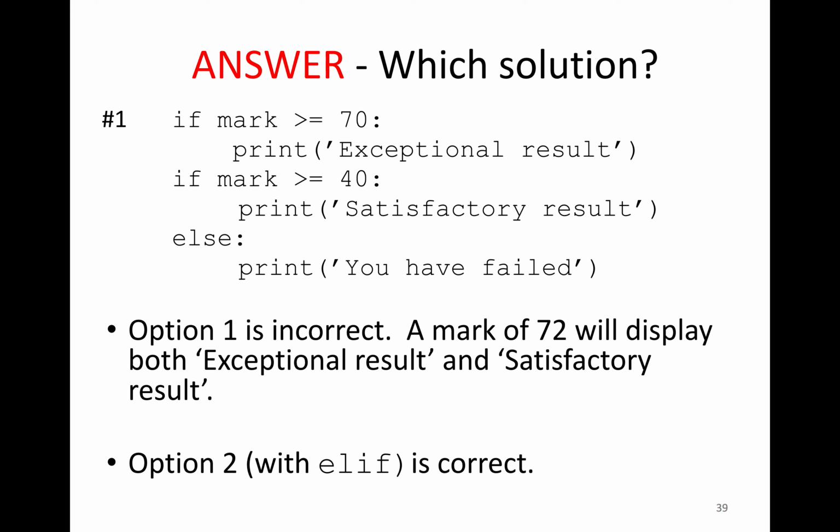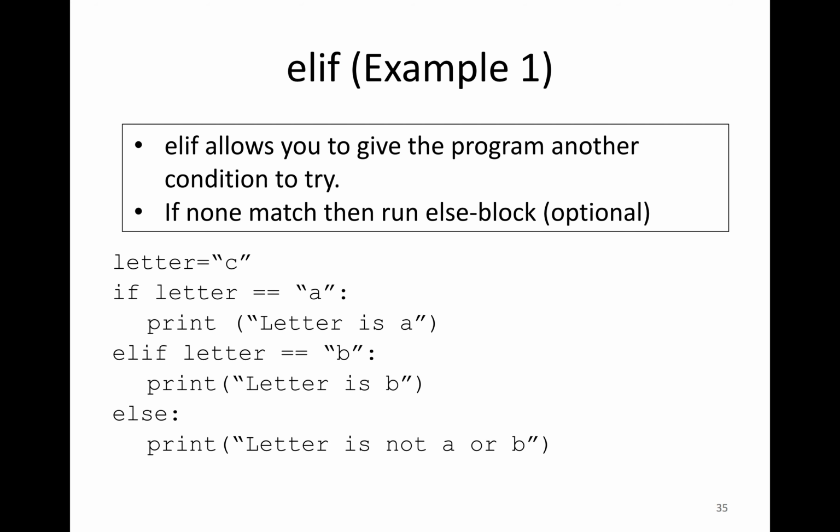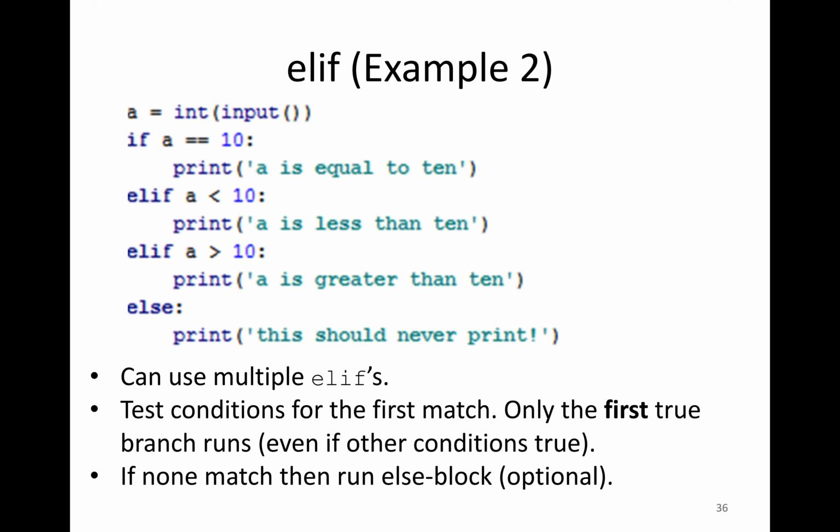So you can try out these examples and see. The theory for else if: it tests conditions in order, and for the first match, only the first true branch runs. Even if other conditions are true, only the first true branch runs.